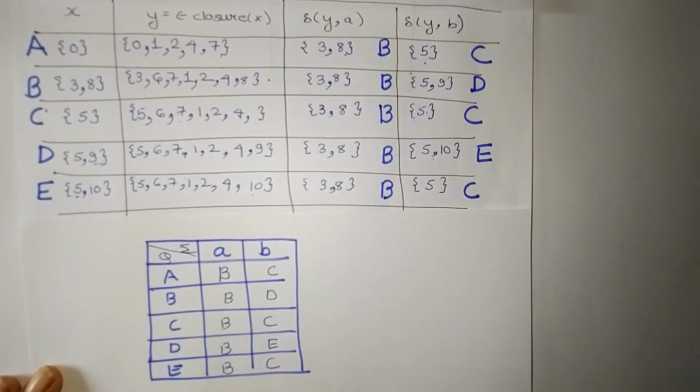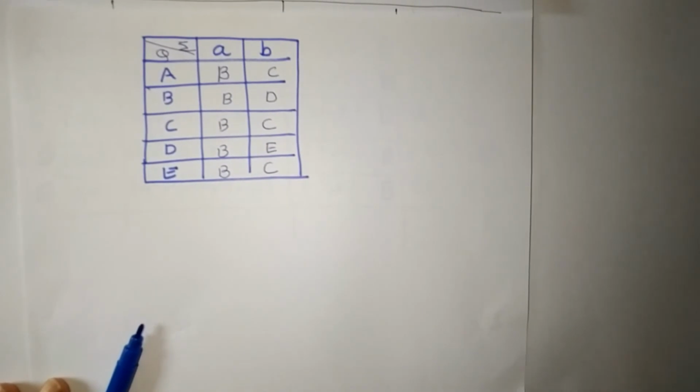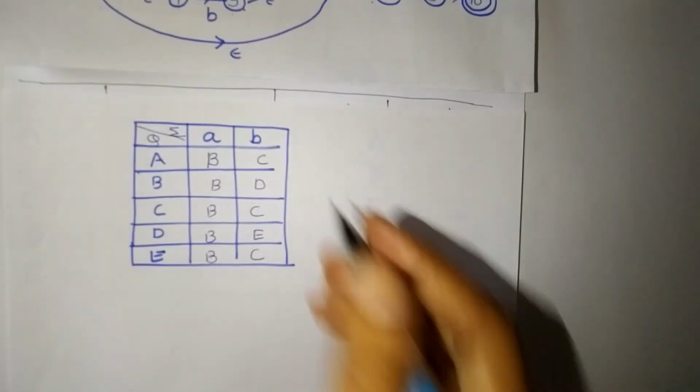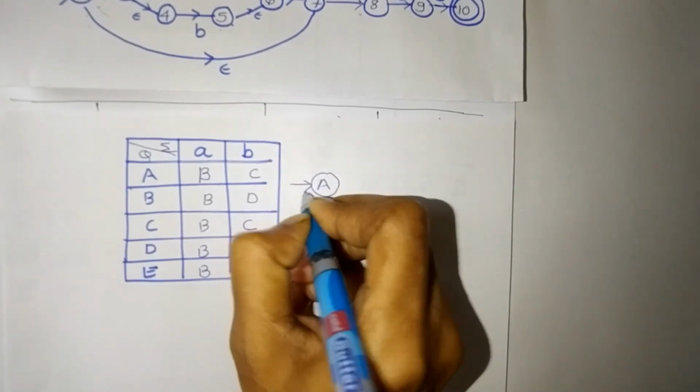After renaming the states, the next step is to draw a transition diagram. How to draw a transition diagram, we know that.